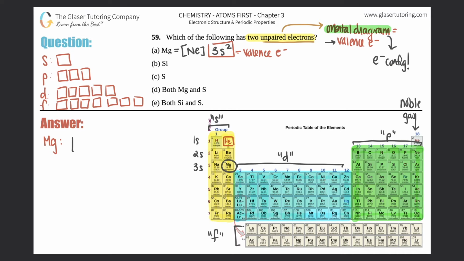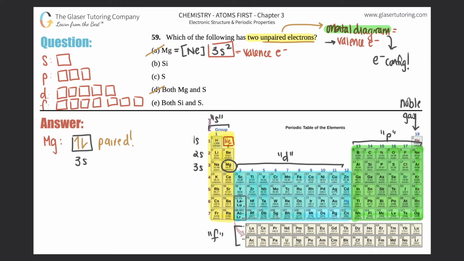So here I'm going to draw one box, label it 3s, and it has 2 electrons. That's what the number in the upper right-hand corner signifies. Are these electrons paired or unpaired? They're paired together in a box. Would magnesium have 2 unpaired electrons? Unpaired means they wouldn't be together, but in 2 different boxes. So magnesium's out, which means D is out as well.